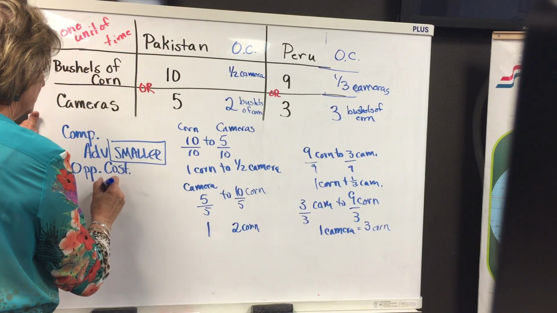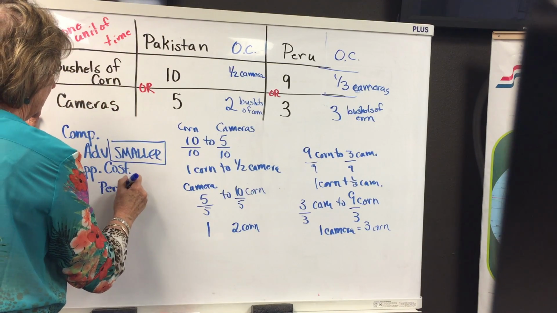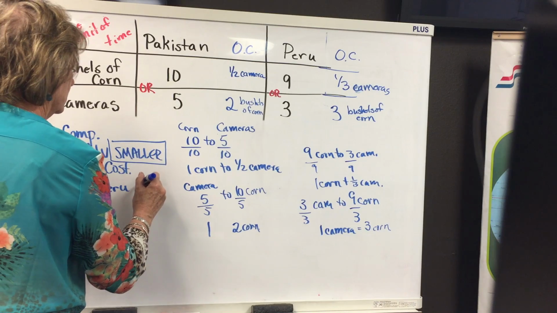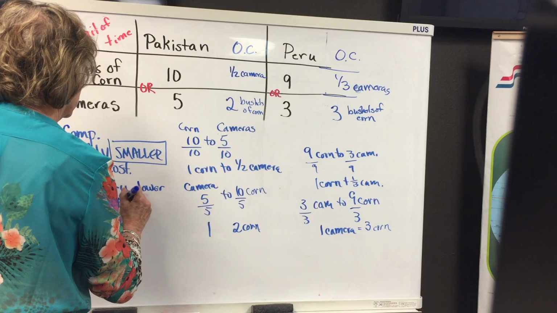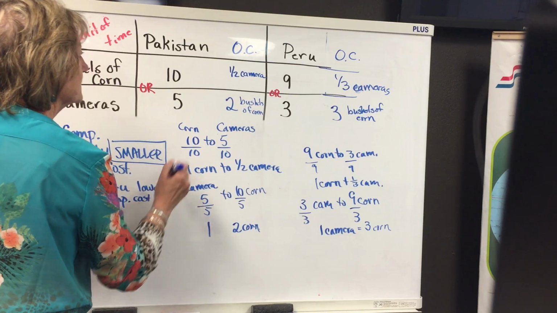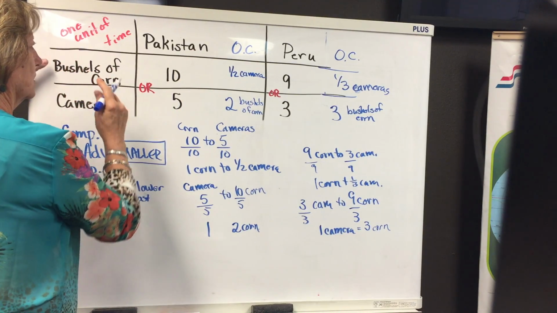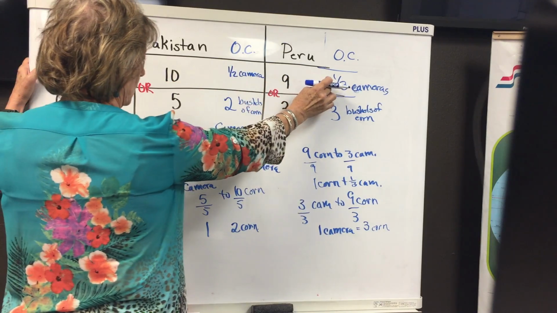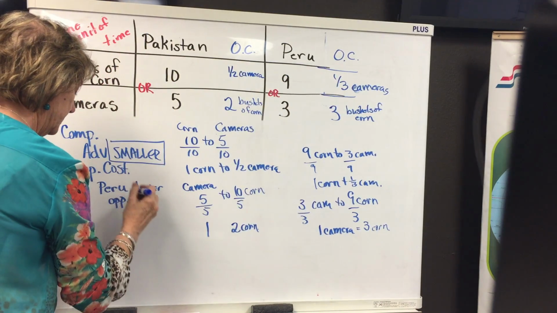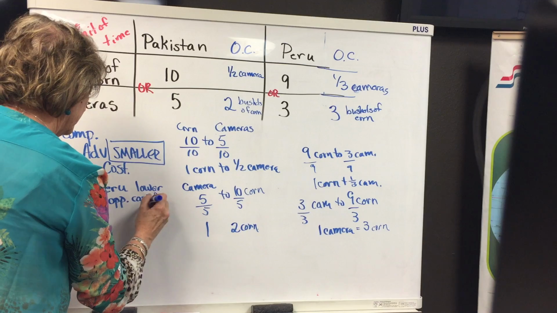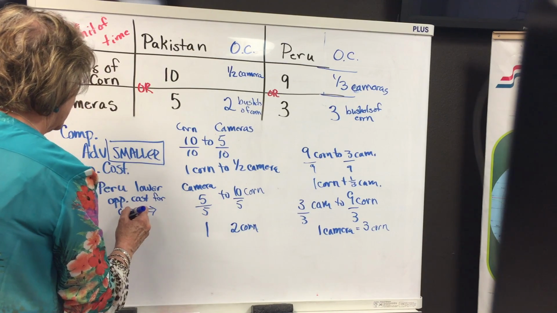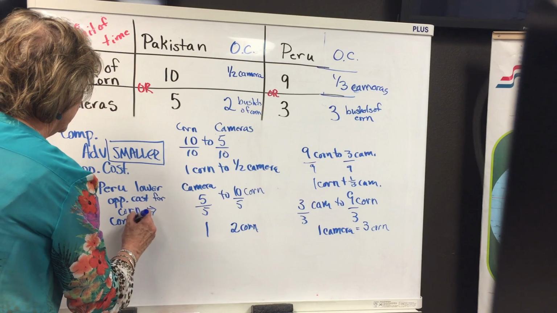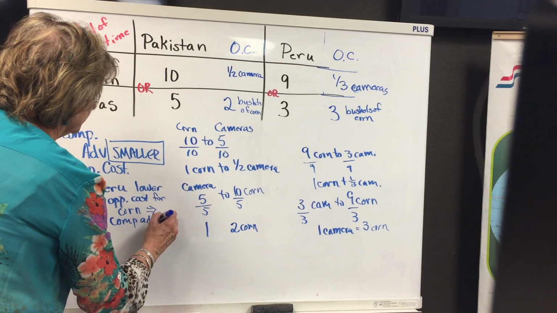So Peru has the lower opportunity cost for corn. It's 1/3 of a camera, which implies that they have the comparative advantage.